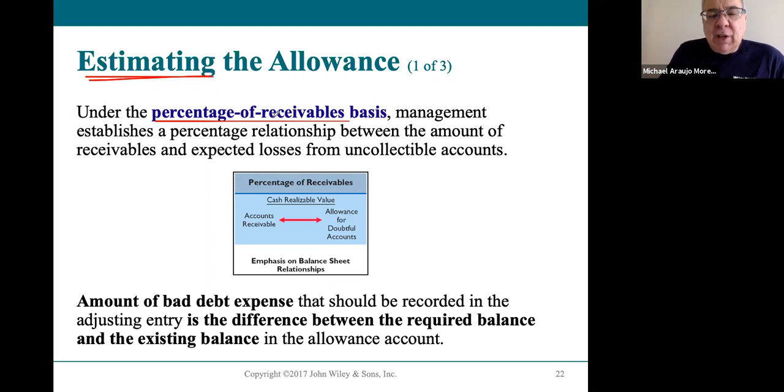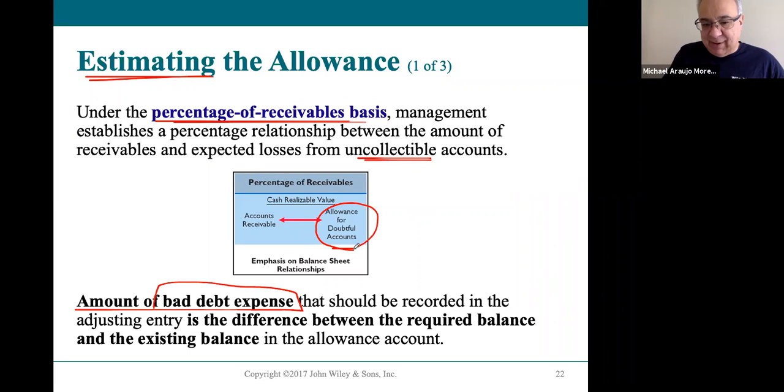Okay. So that percentage of receivables gives them what their uncollectible is going to be. Now, again, under GAAP, you can only take that bad debt expense once a year. And the rest is going to be sitting in the allowance for doubtful accounts. When they do the estimate of the percentage of receivables, they're saying, look, this is what our doubtful accounts should be.